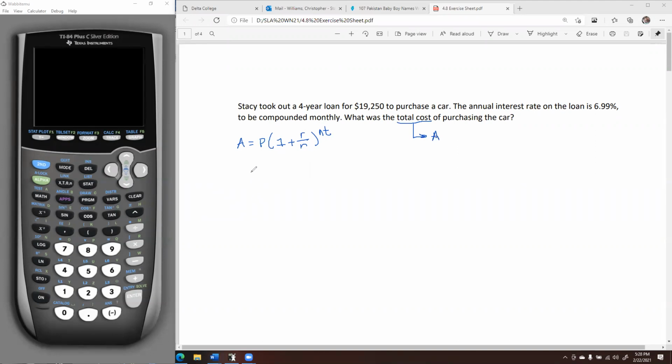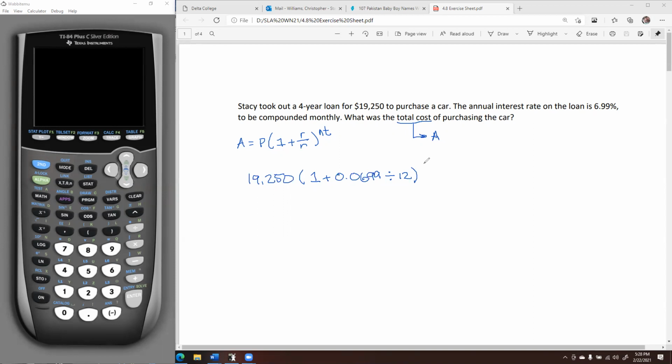So our principal, the P value, is 19,250 times the quantity 1 plus R, remember, is 0.0699 divided by our N, which we said is the number of compoundings per year. That's going to be 12.